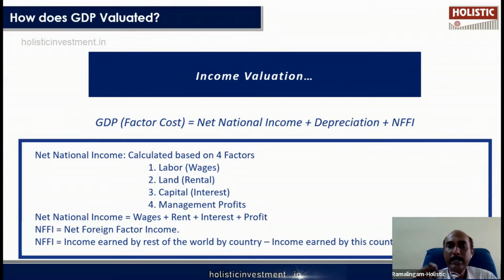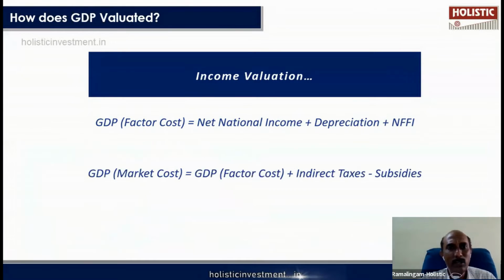From that, deduct the income earned by our country in the rest of the world. When you do this, you will get a net figure, which is what is known as net foreign factor income. Now you have to add all these three: net national income, depreciation, plus NFFI put together constitutes GDP at factor cost as per the income valuation method.